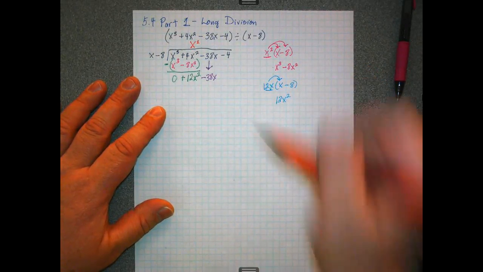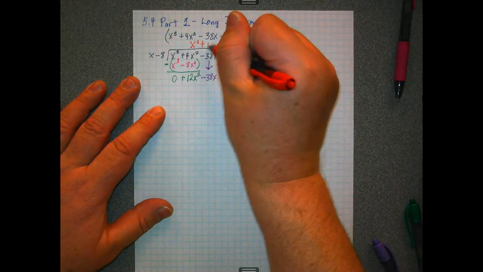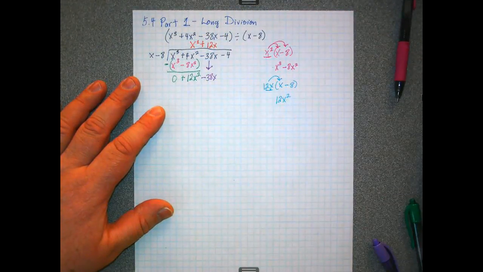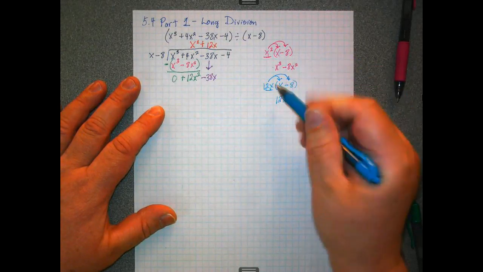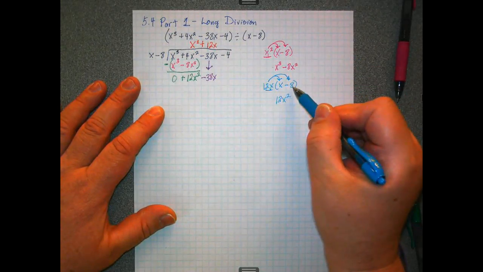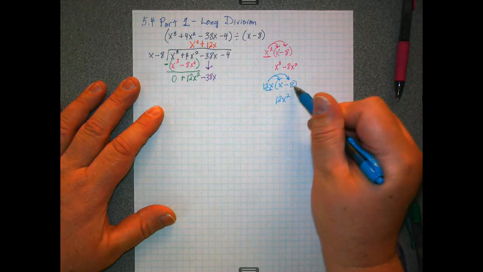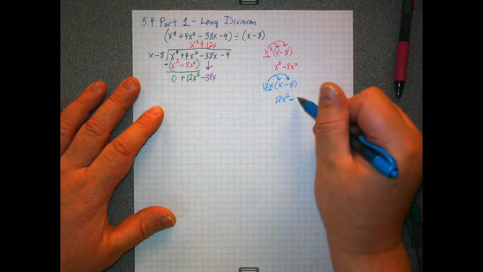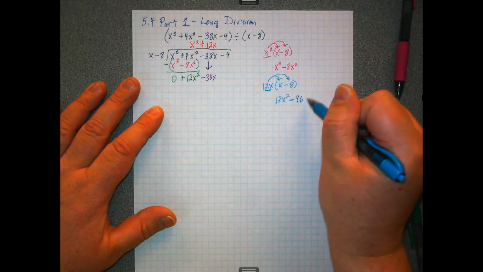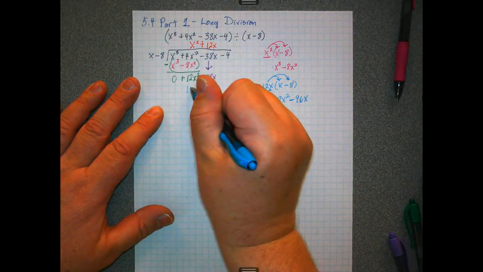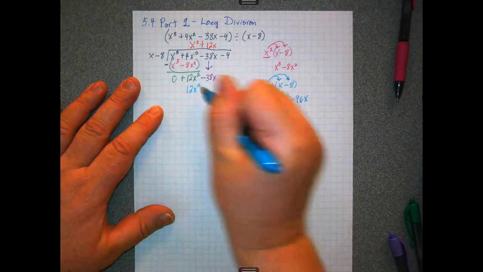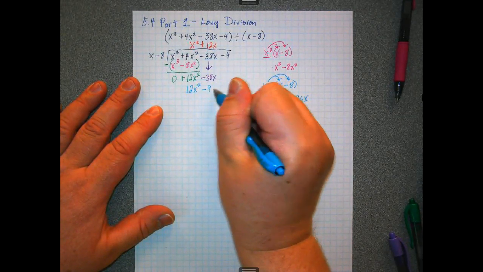So I'm going to multiply it by a positive 12x. Finish distributing it. 12x times negative 8, so it's a minus 96x. There's my product.